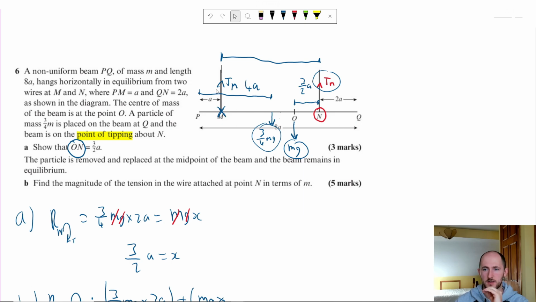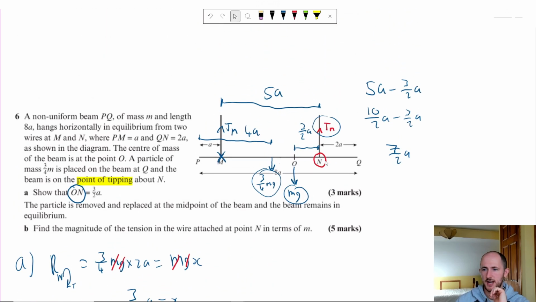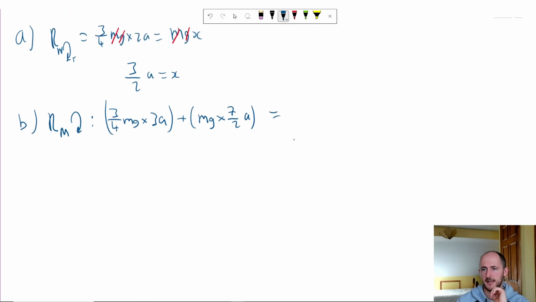So 8a minus 2a minus a gives me 5a. So in other words, the distance from M to O is 5a minus 3 over 2 a. So that would be 10 over 2 a minus 3 over 2 a. So that would be 7 over 2 a. And that equals, finally, the tension at N times 5a.